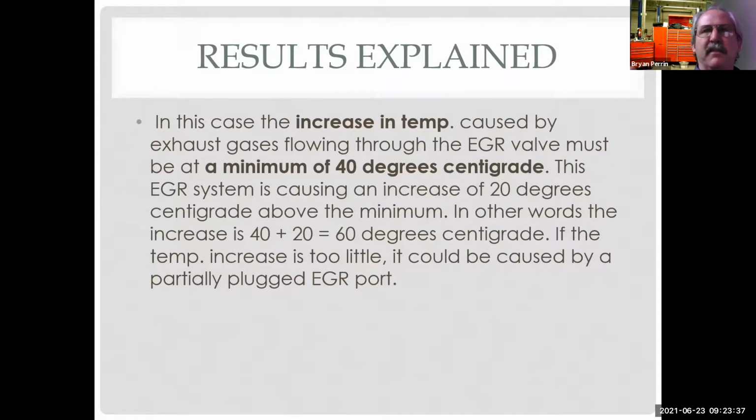Is that by getting the valve to open? Is that by cleaning out the tube? Is that by, maybe I don't have enough back pressure on the exhaust because I'm going to put an aftermarket exhaust on it, so I'm not flowing enough gas, so I'm not generating enough heat? But at least I can see exactly what caused the computer to set the code.